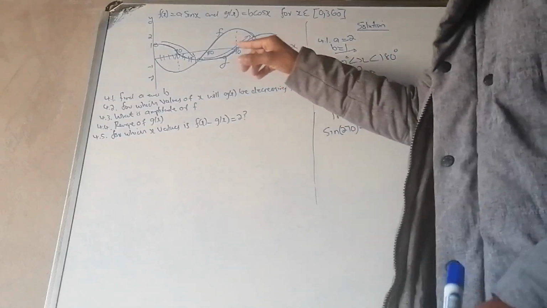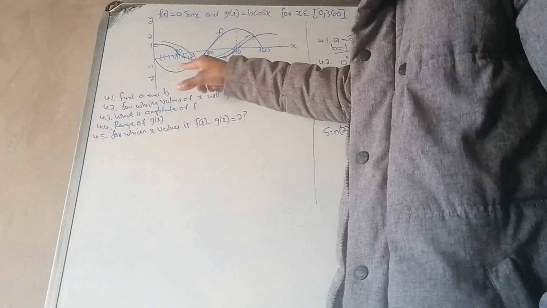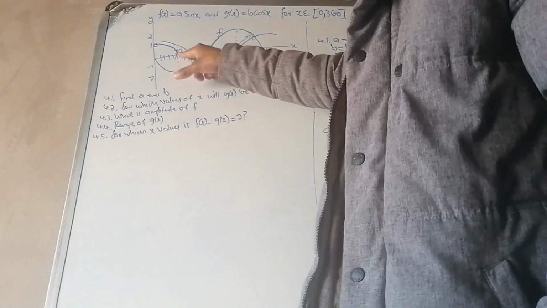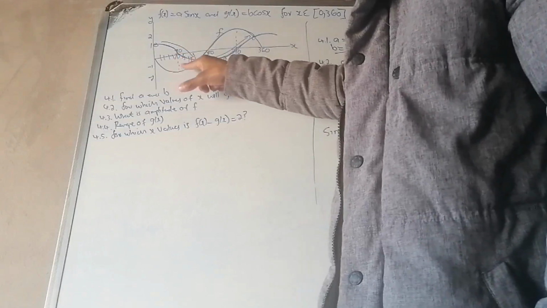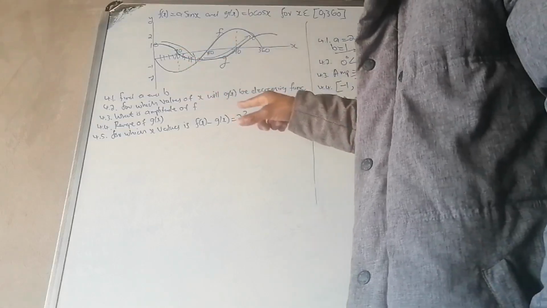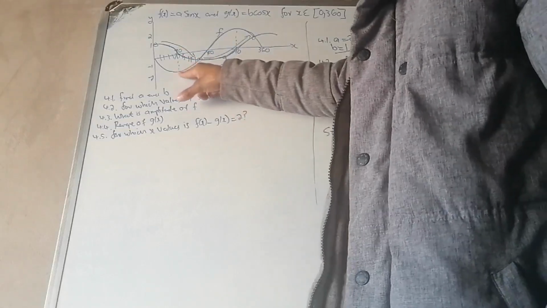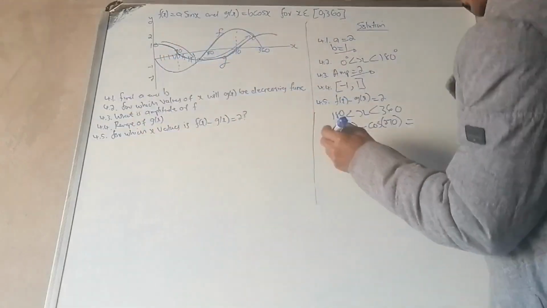Looking at the graph, the cosine of 90 is 0. The sine of 90 will give 1 again.